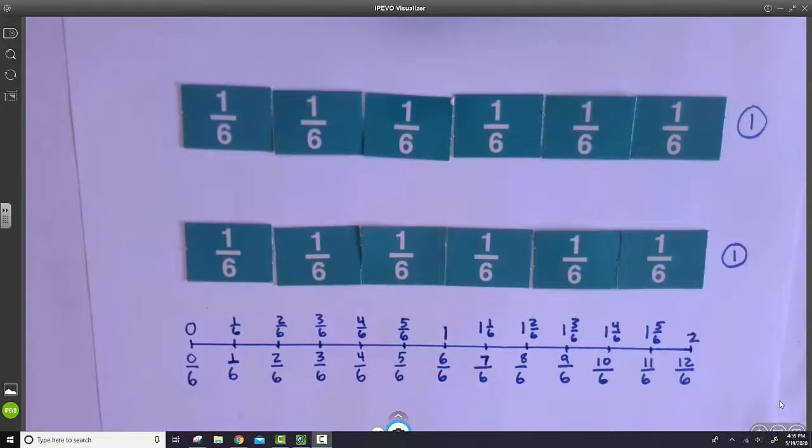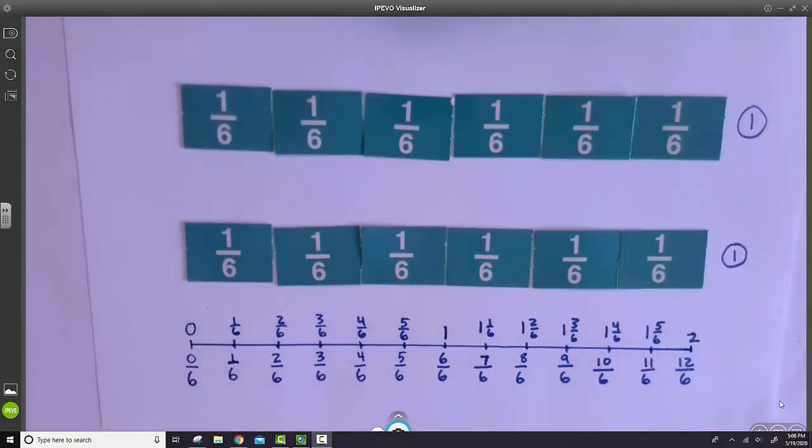So we can represent our fractions in fractional form throughout a number line, and we see that we changed into improper fractions between 1 and 2. Or we can represent our fractions using fractional pieces and then also mixed numbers.